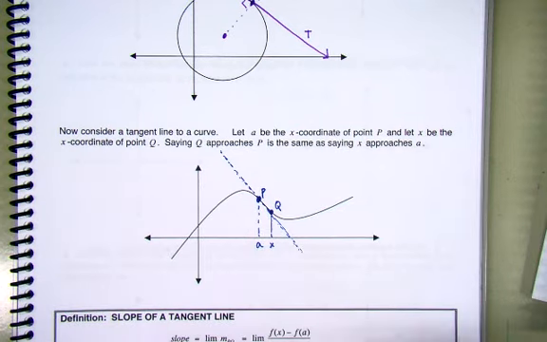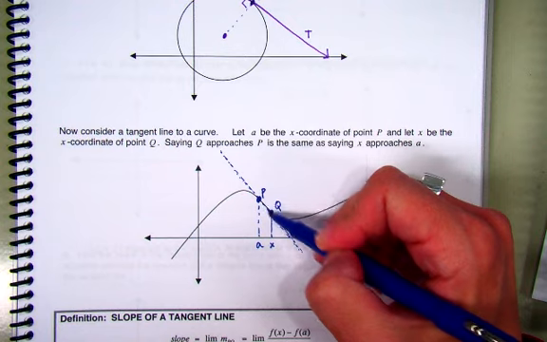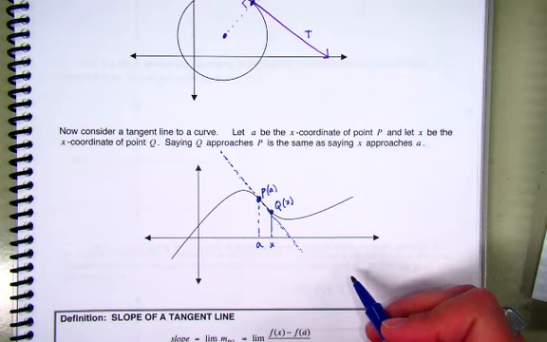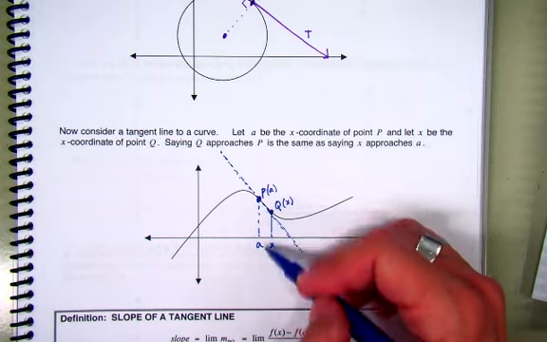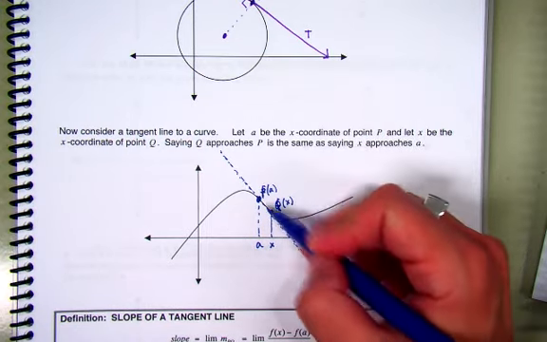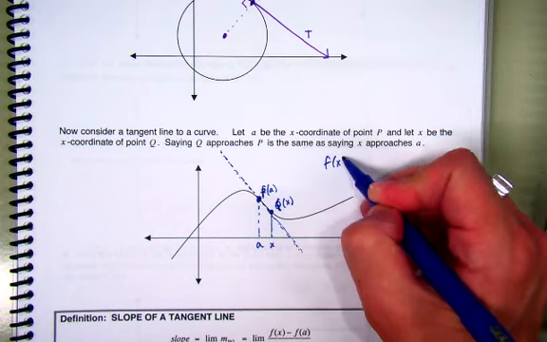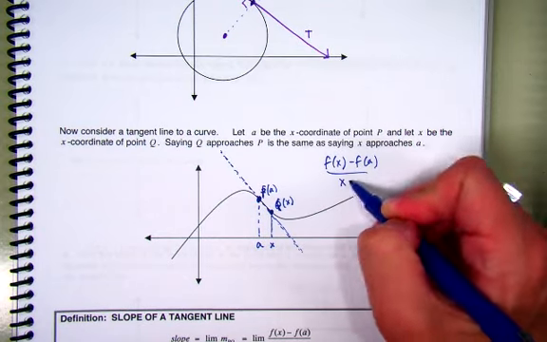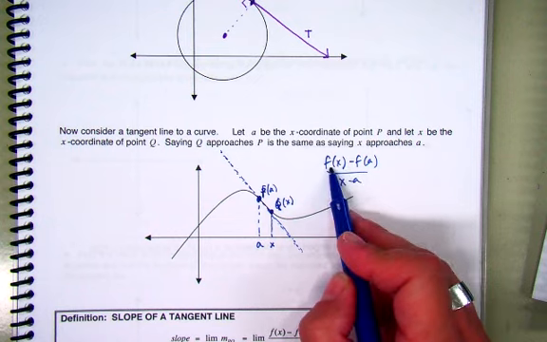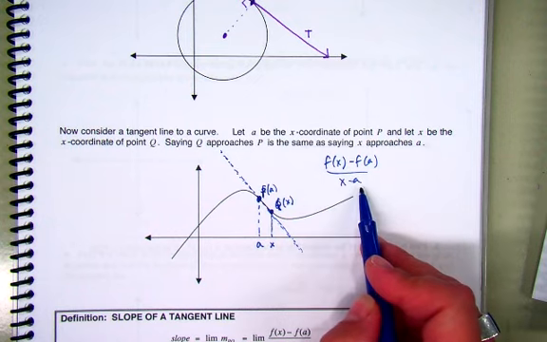What's going to happen is I'm going to start to find the slope between those two points. The points are P at a and Q at x, so this would actually be the function, f of a and f of x. So the slope would just be f of x minus f of a, over x minus a. It's just my change in y over change in x.